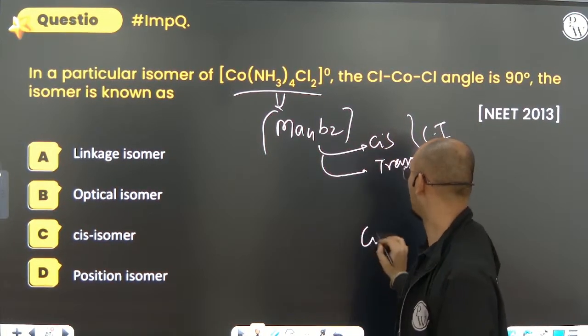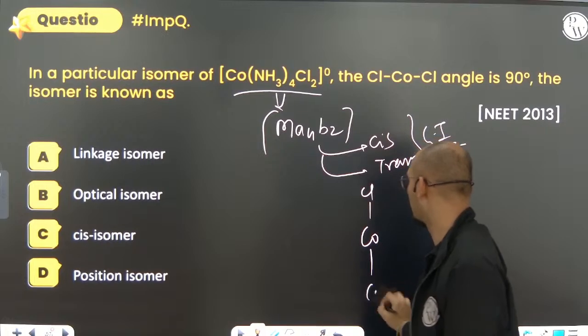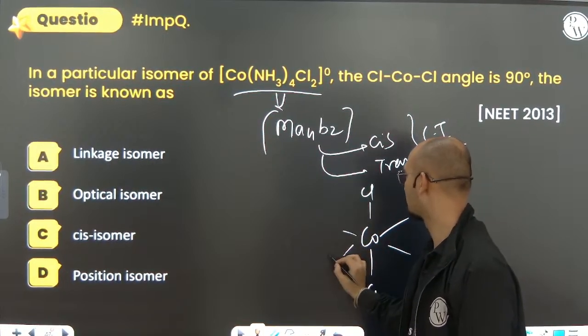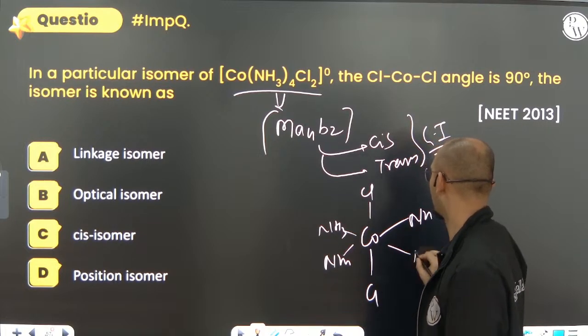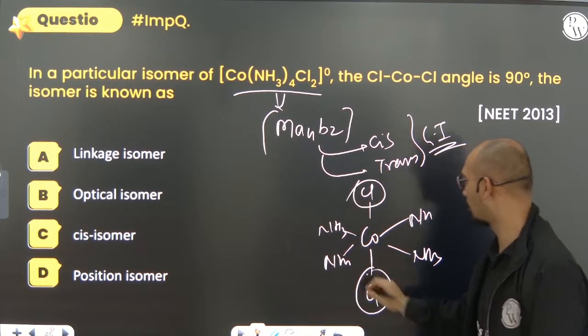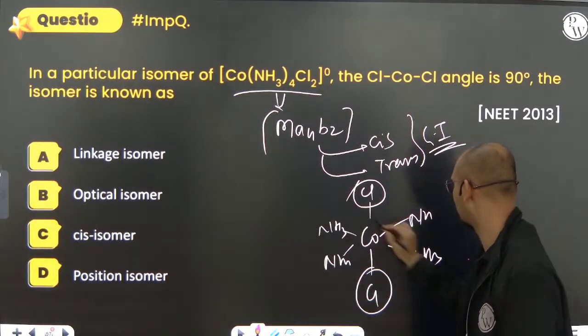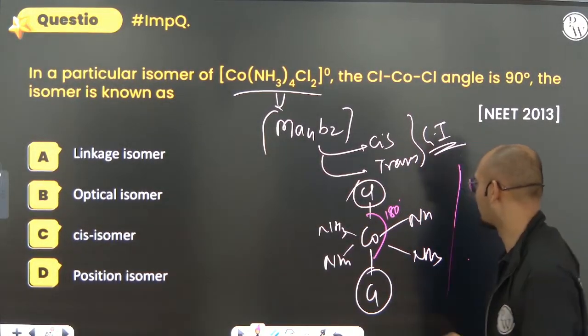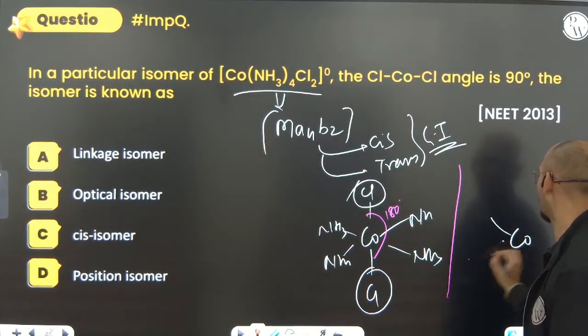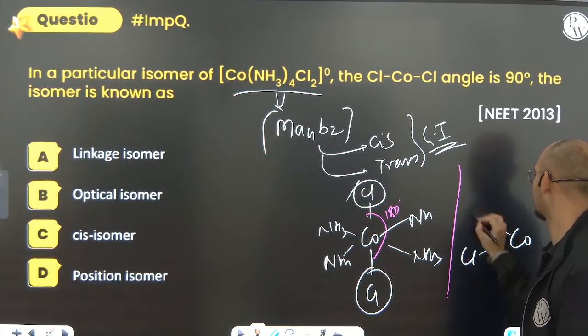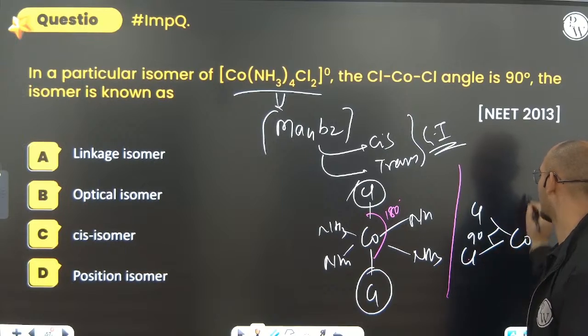If the Cl and ammonia go opposite to each other, what is the angle? The angle is 180 degrees. But what if cobalt is like this, while here Cl comes out at 90 degrees? So what will happen?